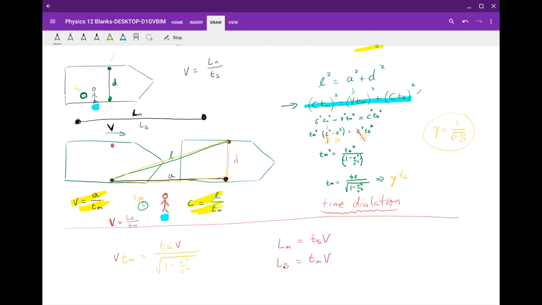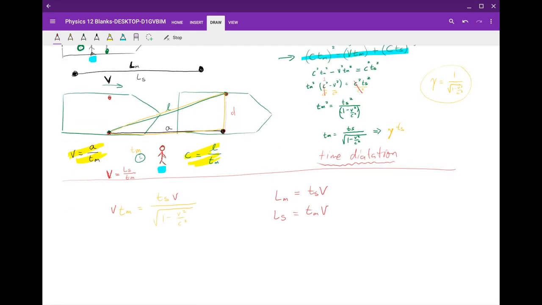It's LS. And what's V times TS? It's LM. So I'm going to go ahead and replace that with LS equals LM over root of 1 minus V squared over C squared.